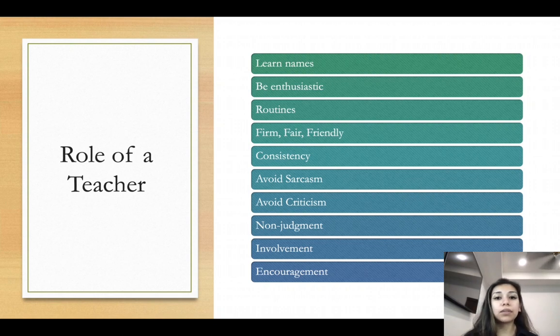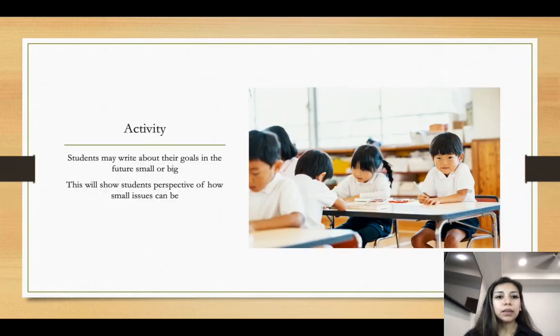That way they have the freedom to speak to you when they want, but also setting boundaries as well. It's just that way they're able to express themselves better. And encouragement, of course.